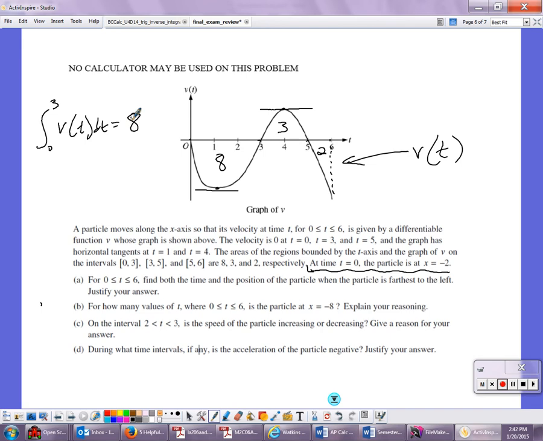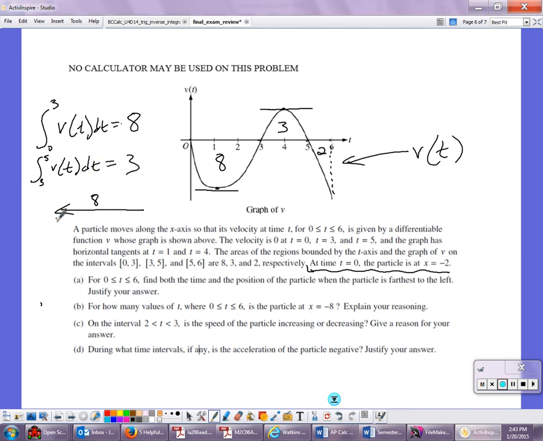So we know that over this time, from 0 to 3, this particle, which appears to be going back and forth, left and right, goes 8 units in the negative direction. We know it's negative because the velocity is negative here, so we can think of the displacement as -8.